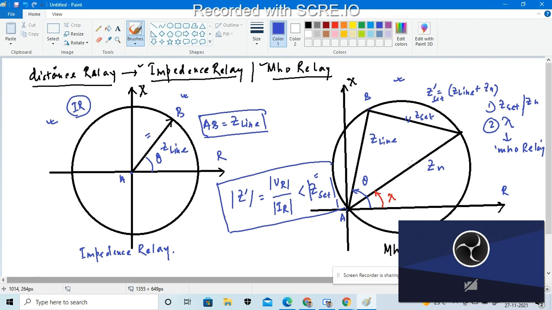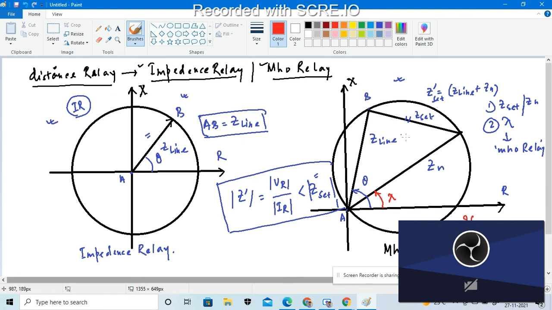In case of a Mho relay, what will be the tripping law? Keep these things in mind, otherwise whenever we solve the problem it will be very difficult, because this section is a little bit complicated.